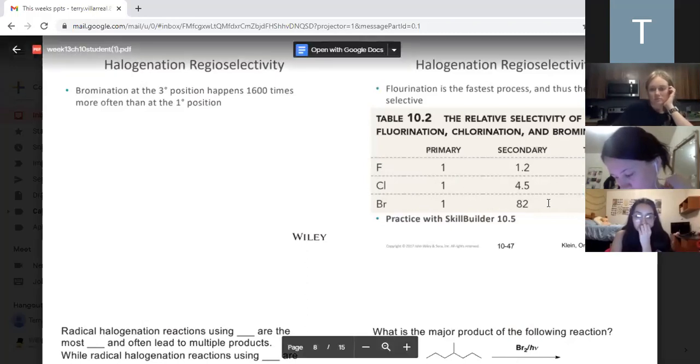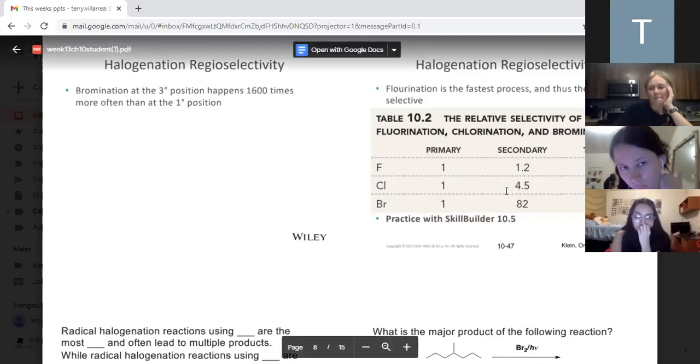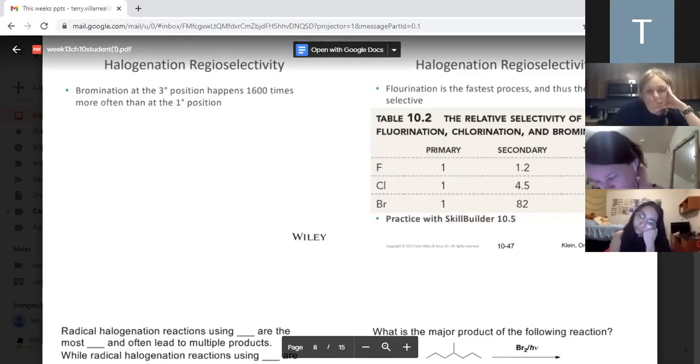And so then that's going to be about 20 times more selective than the secondary, right? So if you had a reaction and you wanted to add a bromine to one specific carbon, and it's the tertiary carbon that you want to add to, like you want a halogen there, that's the one you use. If you need it to go to a different one, like you need a chlorine to go someplace, then that's when you use chlorine, right? Chlorine will go everywhere. Bromine only goes to one place.